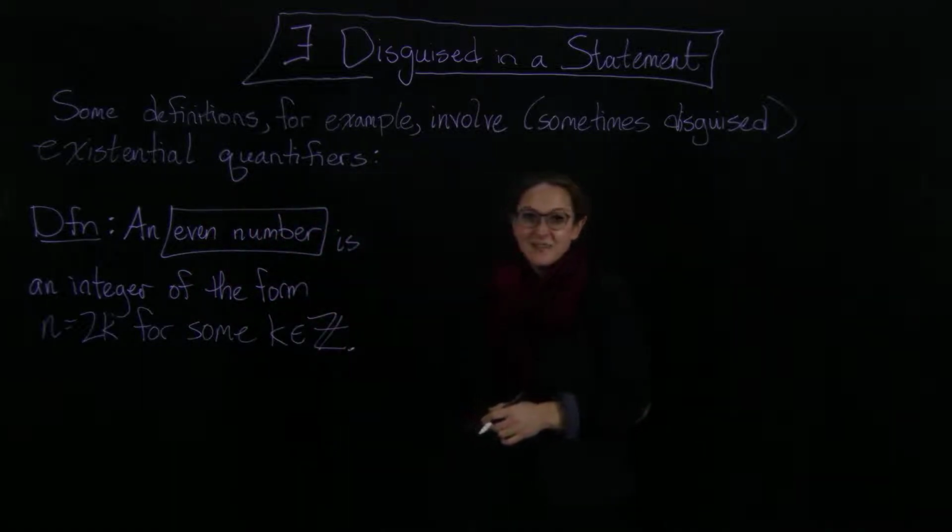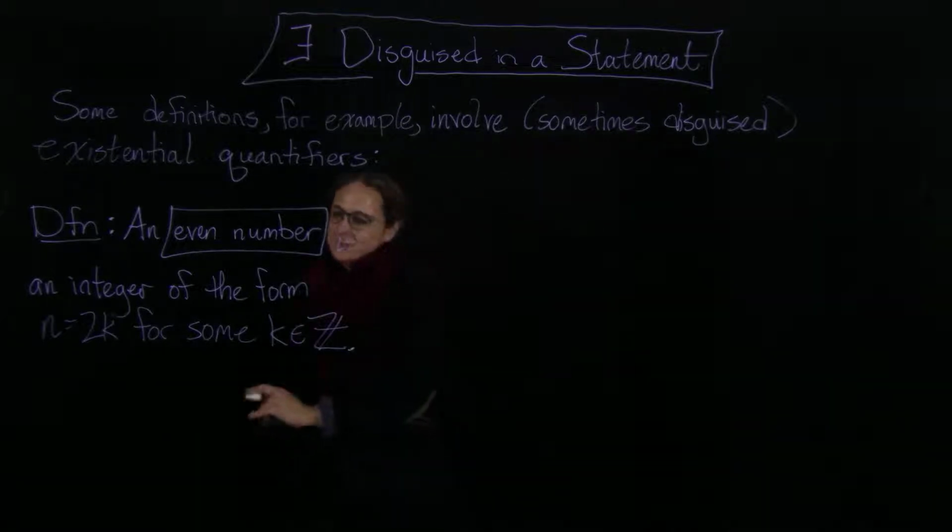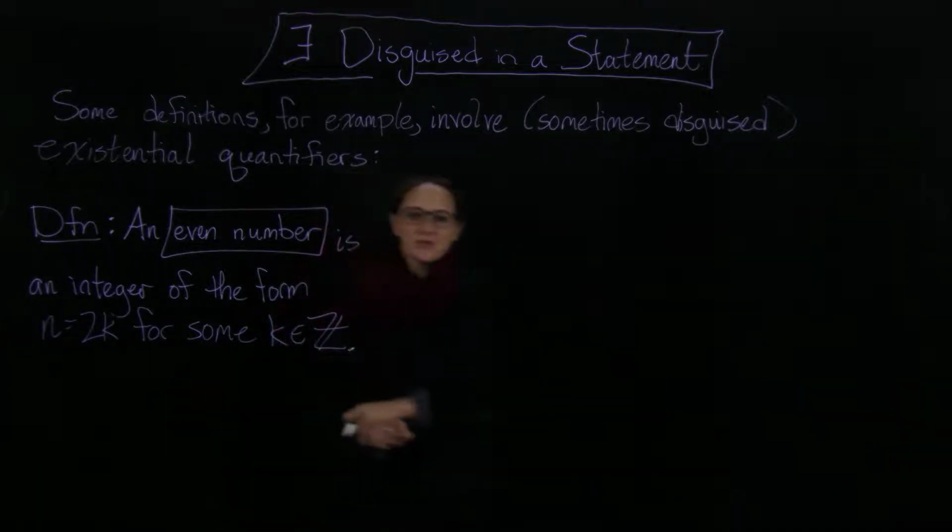So the question is, where is the existential quantifier in here, and where is it hidden?